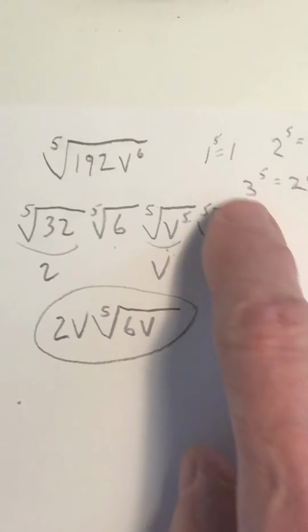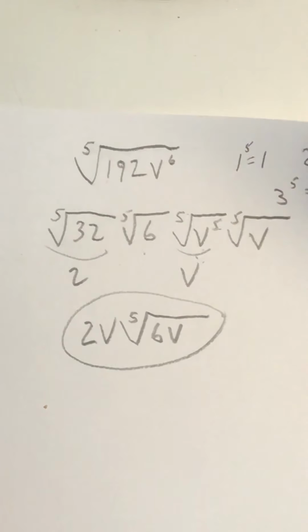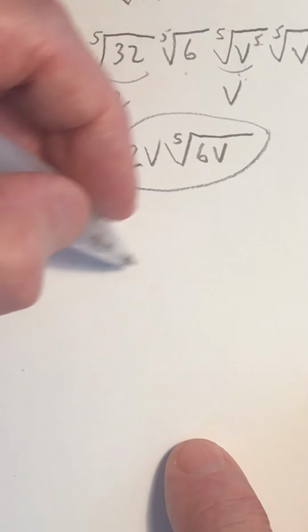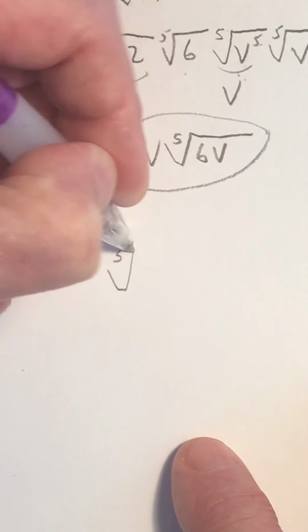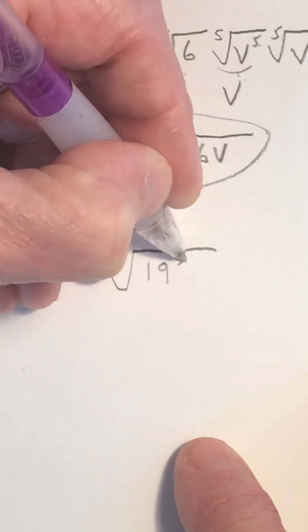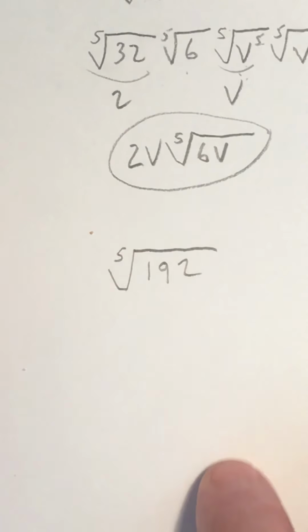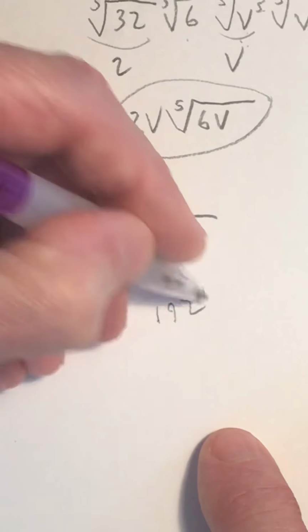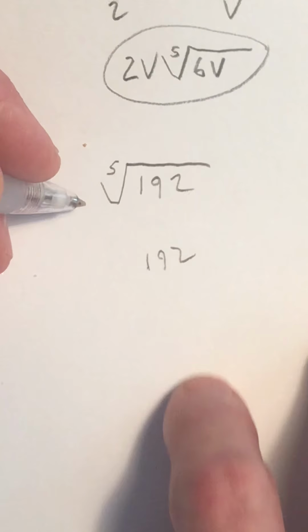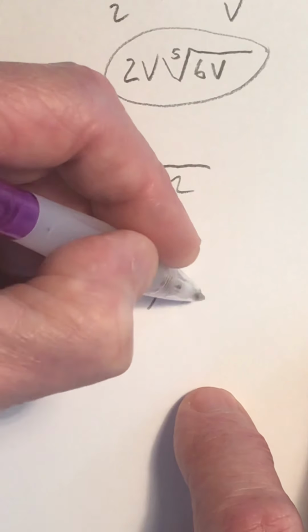Now, if you didn't quite follow this argument, another thing you can do with just the numerical part of this, the fifth root of 192, take the 192 and factor it into prime numbers. Make a factor tree.